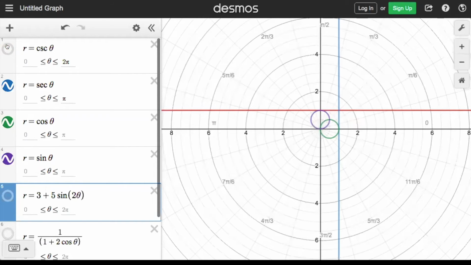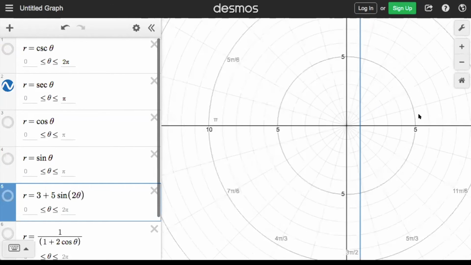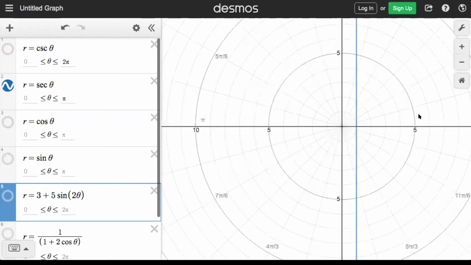Let's just clear these out of the way. When r was equal to the secant of theta, we got x is equal to 1 right here. And of course, you'd see the same thing with cosecant, only it would be sine. So it would be y is equal to 1. Oops. There. I mean, that's kind of cool.